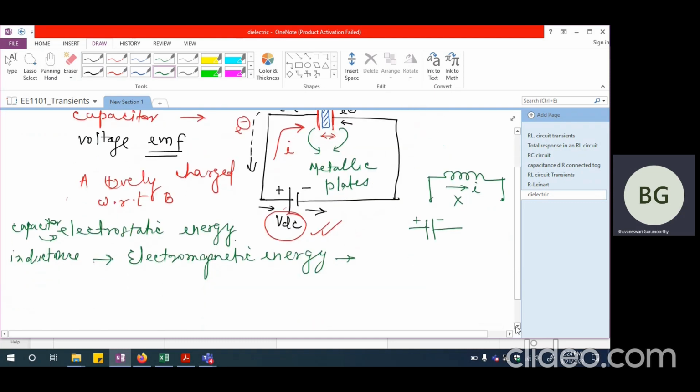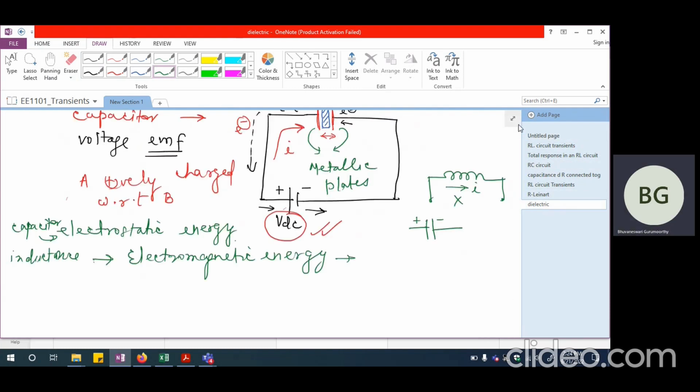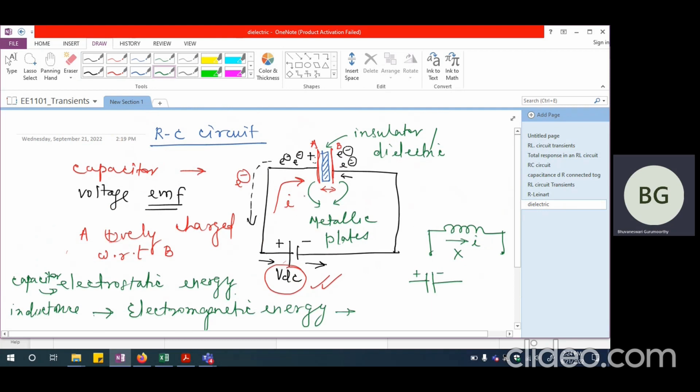Another thing is that if we say that this particular capacitor is getting a potential difference of V, and it has a charge accumulated between the two plates as Q, now Q is generally written as CV, where C is the capacitance in farad.